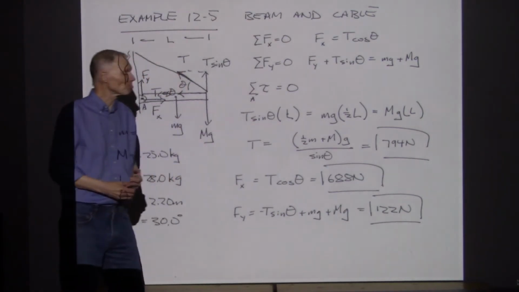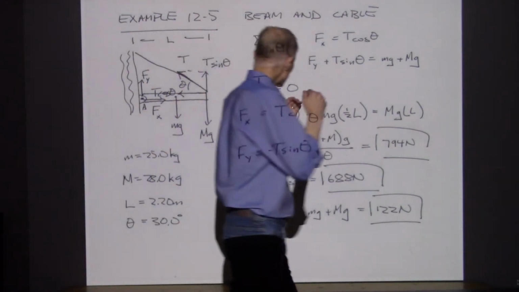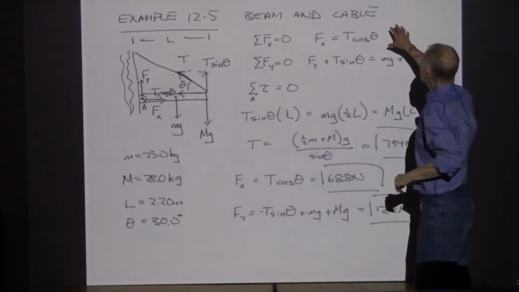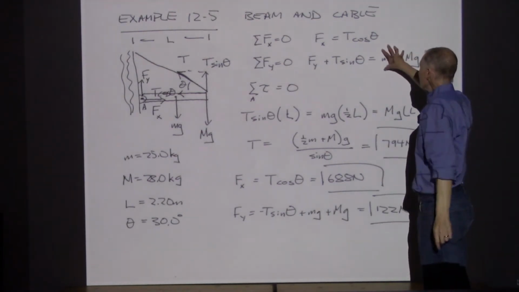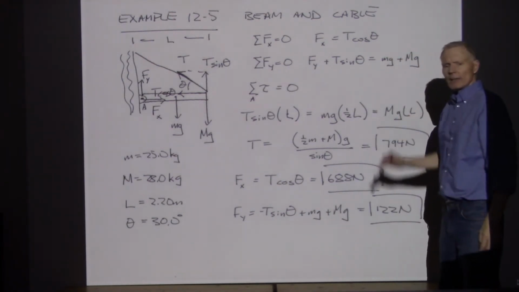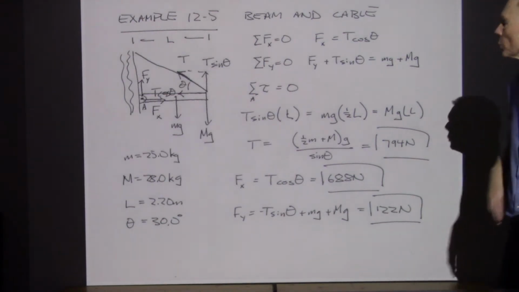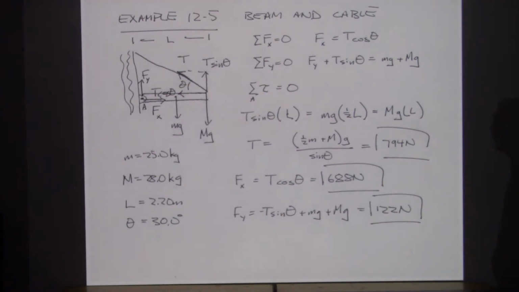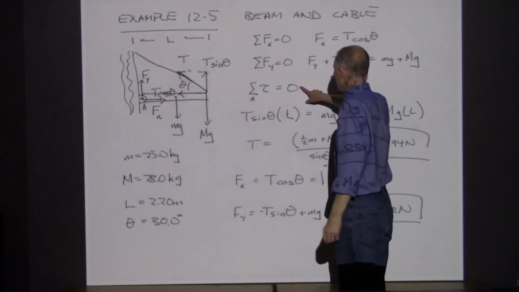So we started out the problem writing down some of the forces in X, some of the forces in Y. We wrote down equations for those. We couldn't use either one immediately. So we set them to the side and started working with torque equations.